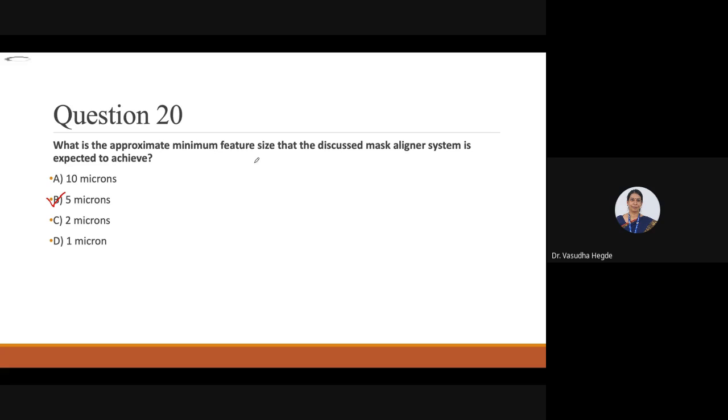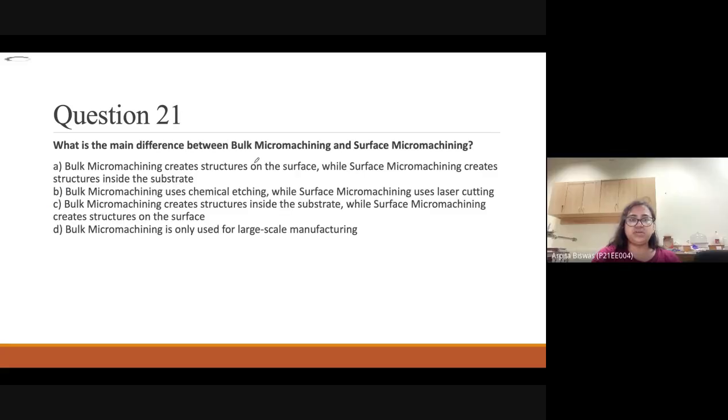Okay. This is question number 21. What is the main difference between bulk micromachining and surface micromachining? The first option is bulk micromachining creates a structure on the surface while surface micromachining creates a structure inside the substrate. The second option is bulk micromachining uses chemical etching while surface micromachining uses laser cutting.